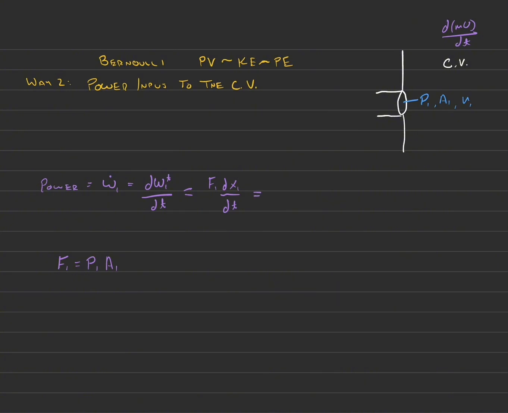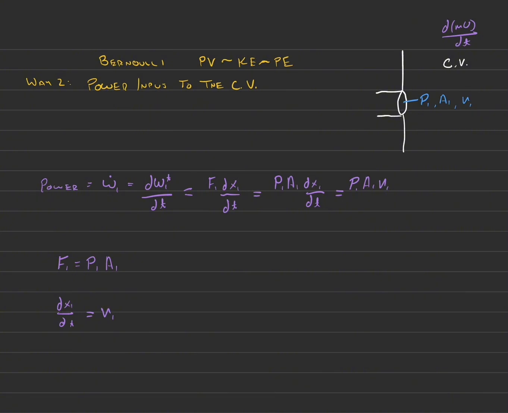Therefore, stepping it in, we get pressure, area, dx1 over dt. And again from general physics, dx1 over dt is just equal to the velocity term. So that gives you P A1 V1.